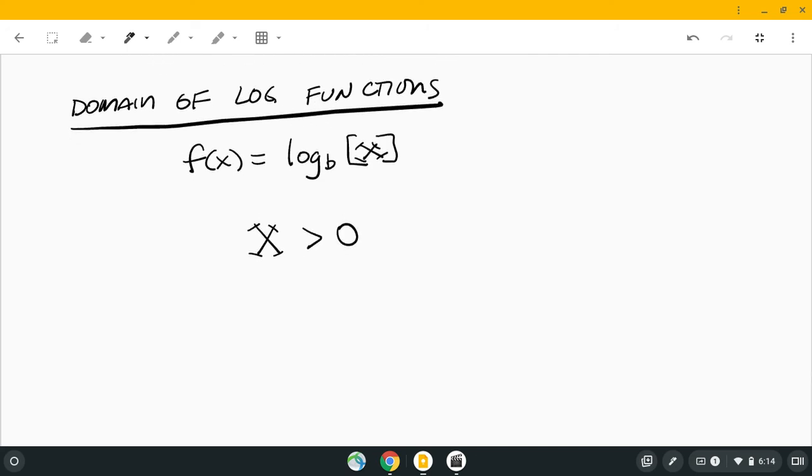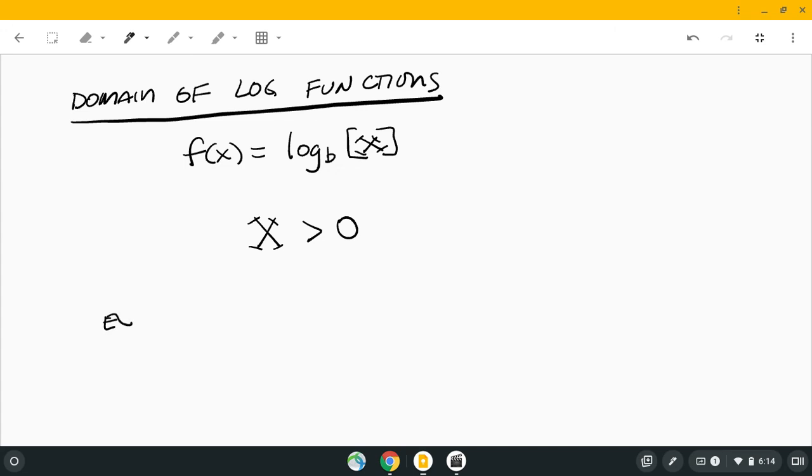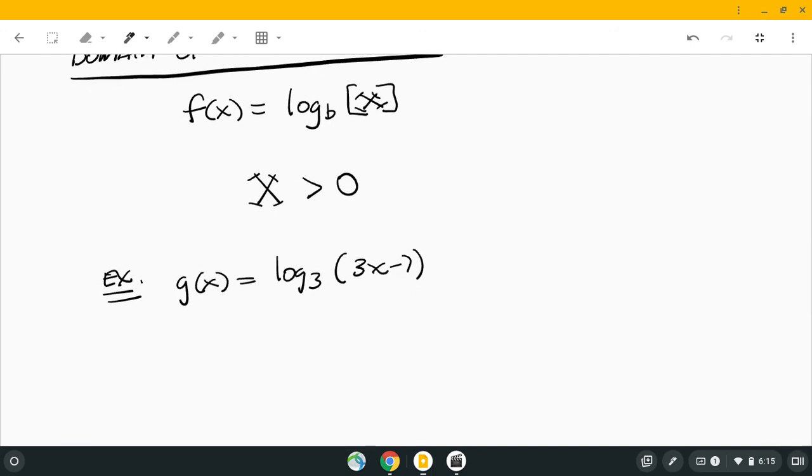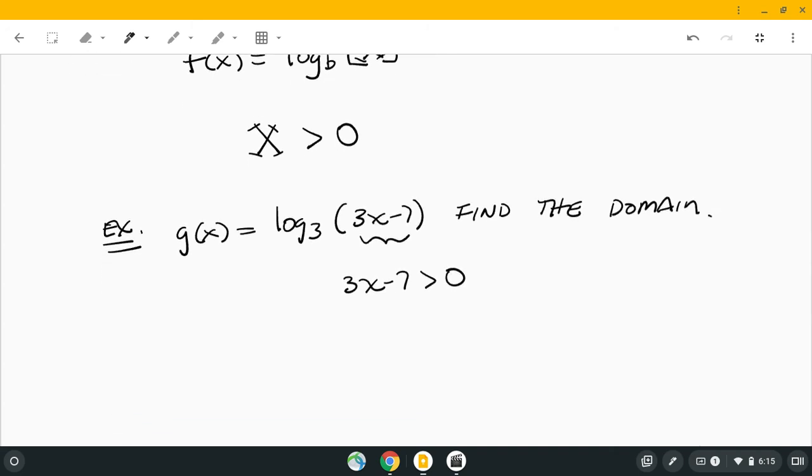So for example, if I need to find the domain of this function, g of x equals log base 3 of 3x minus 7, then I take this inside function right over here, 3x minus 7, and I want to make sure that that is greater than 0.